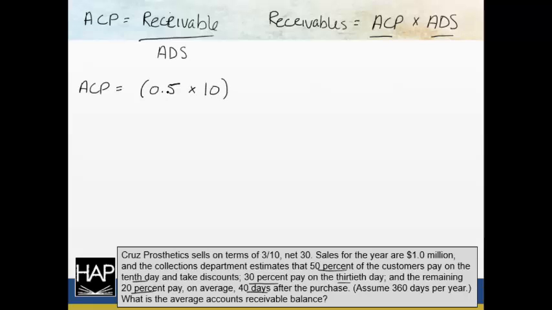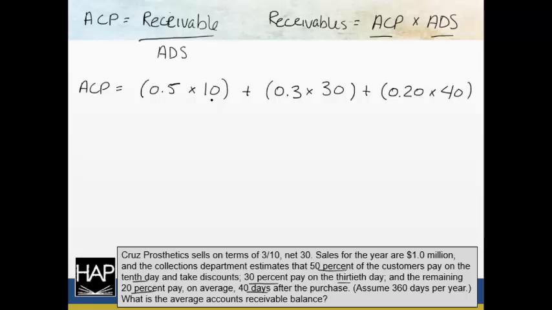So I can multiply 50% by 10 days, plus the 30% who pay on the 30th day, so 0.3 times 30 days, plus the 20% who pay 40 days after purchase, so 20% times 40 days.